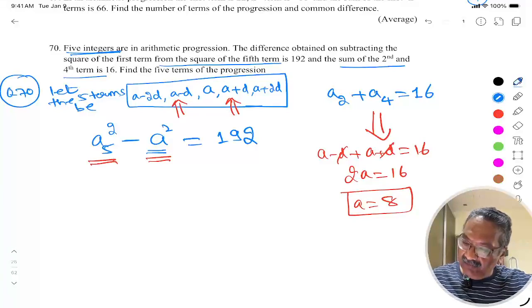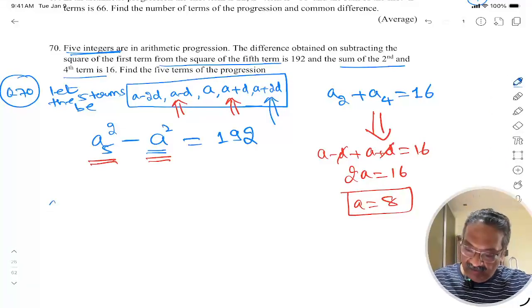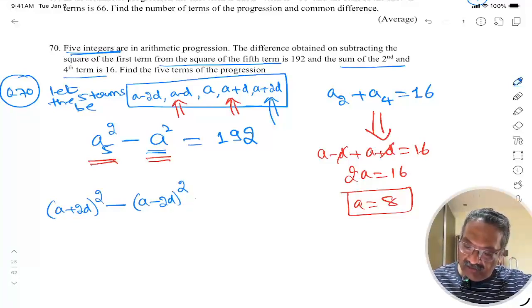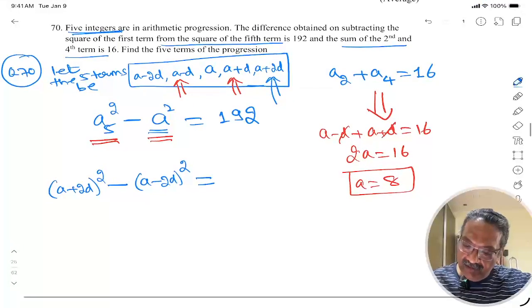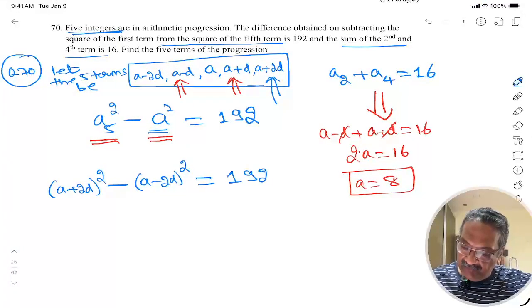Now, let us take this. What is the fifth term here with us? Fifth term is A plus 2D. So, a plus 2d whole square minus first term a minus 2d whole square is equal to 192. So let us expand this.